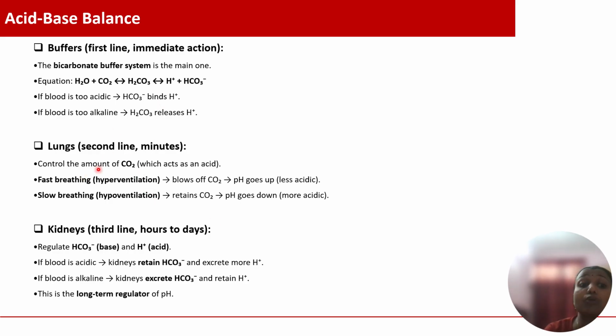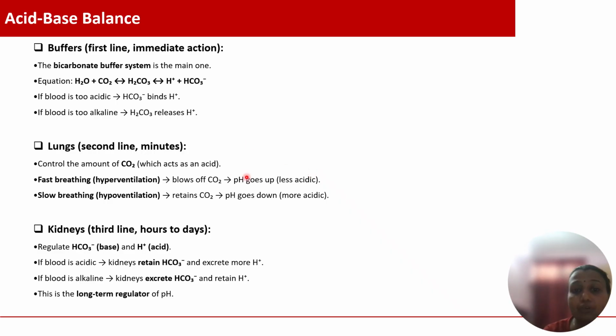The second line is the lungs. Lungs control the amount of carbon dioxide, which acts as an acid. Fast breathing, that is hyperventilation, blows off the carbon dioxide and the pH goes up, less acidic.